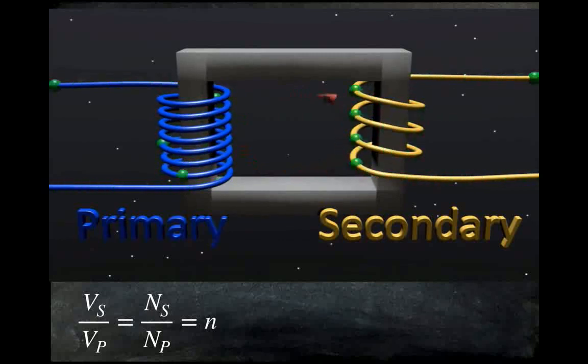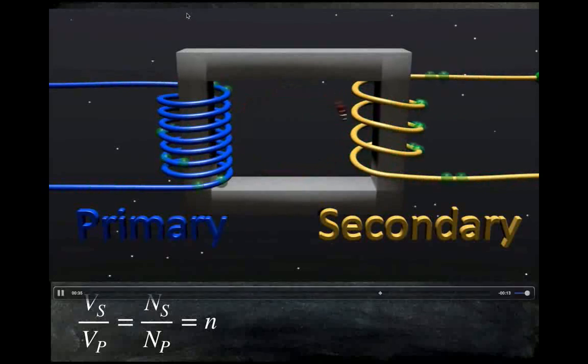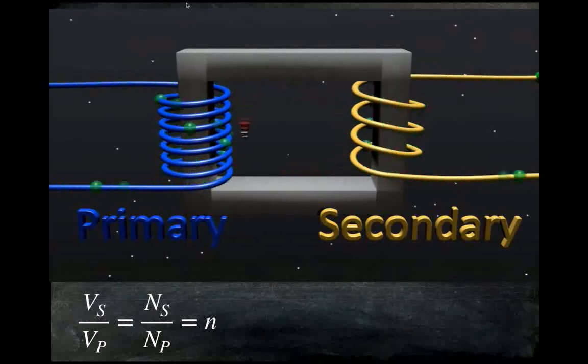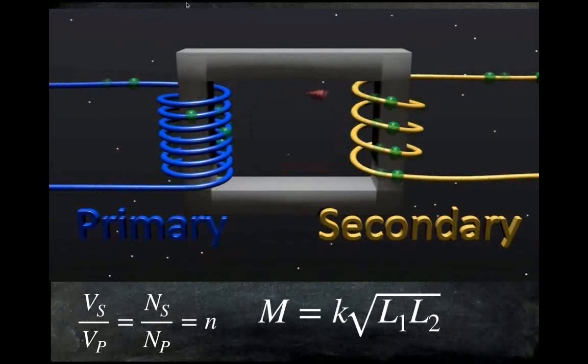A few important details bear a great weight when it comes to transformers. In this example, we have assumed that all the magnetic flux lines generated from the primary coil are passing through the secondary coil and vice versa. We call this the coupling coefficient, denoted here with K. This coefficient is defined as a ratio between the number of magnetic flux lines going through the first and second coils.